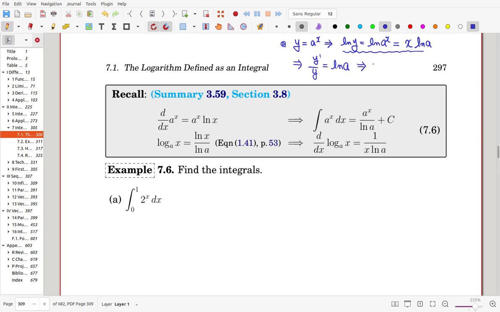So from here y prime equals y, which is a to the x, times logarithm a. So we get that formula. Oh, sorry, that one is a typo. This must be a. Okay.